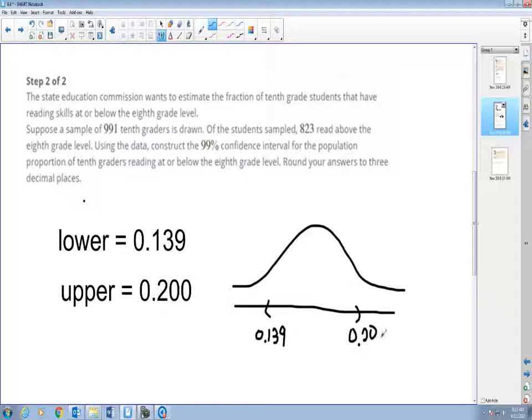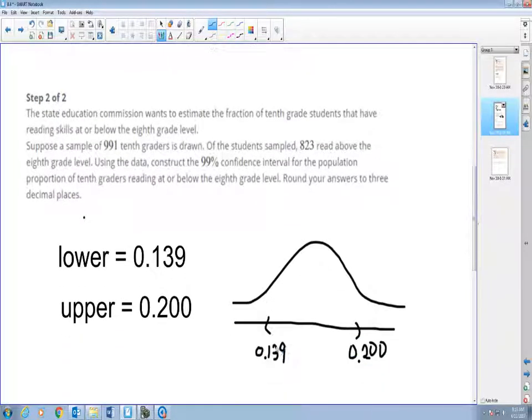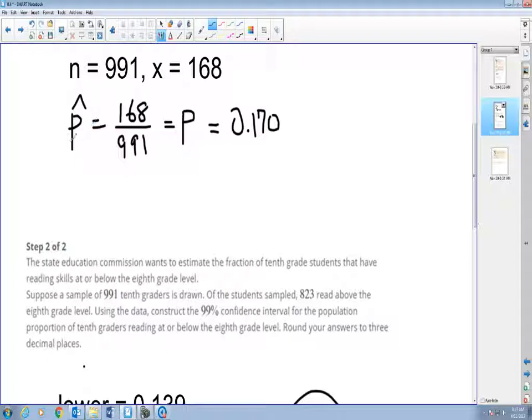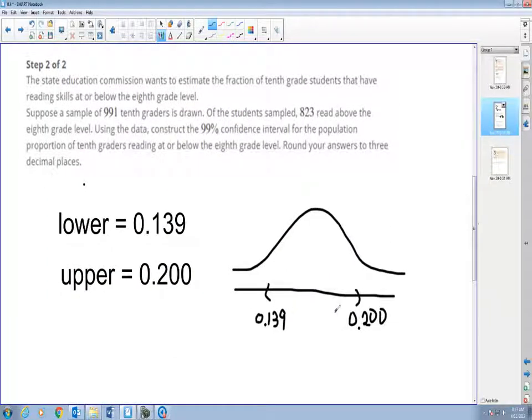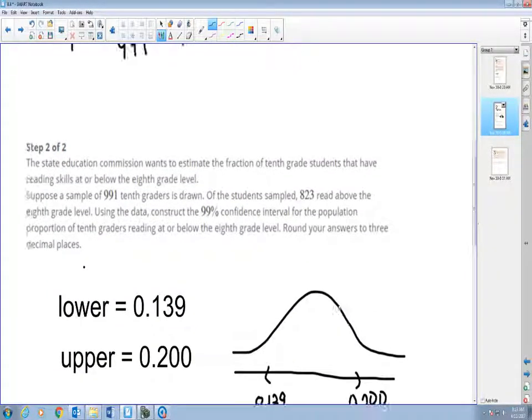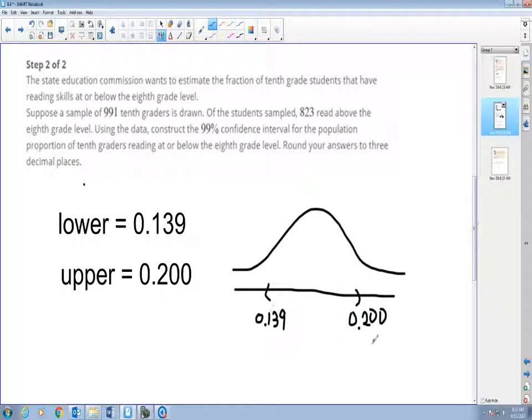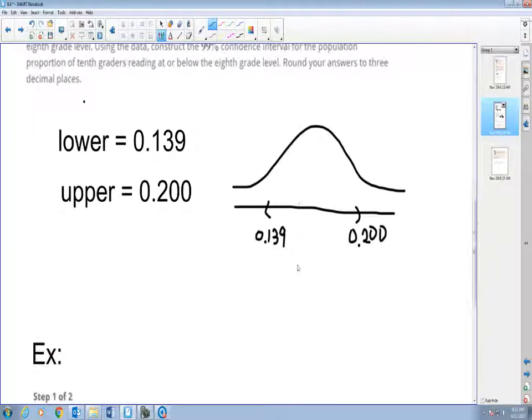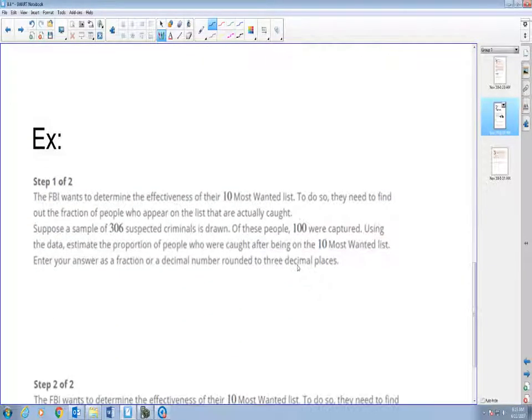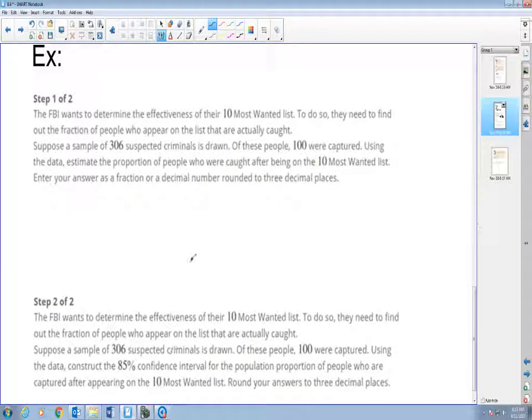So the true population proportion P is somewhere in the middle. My P hat, my sample proportion, is about 0.17. But the true proportion is somewhere in between these two numbers, lower bound and upper bound. Alright, let's try it again, okay? I think these problems are divided into 2 steps.